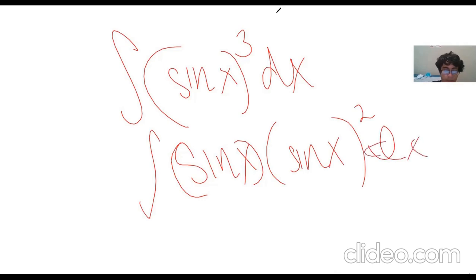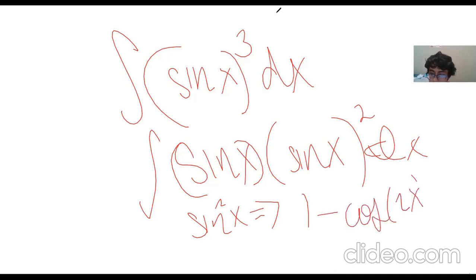So remember that your trig identity for sine squared x is actually the same thing as 1 minus cosine of 2x, all of this over 2. This is something that you know, right? And this comes up often, actually. So that's your double angle, right?